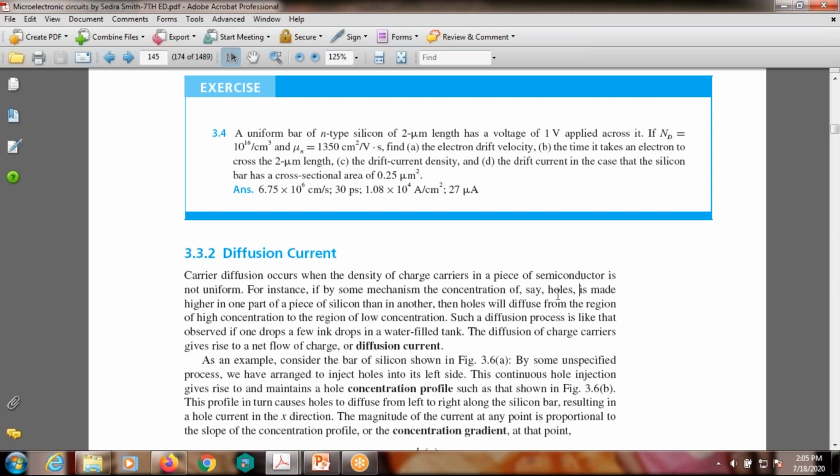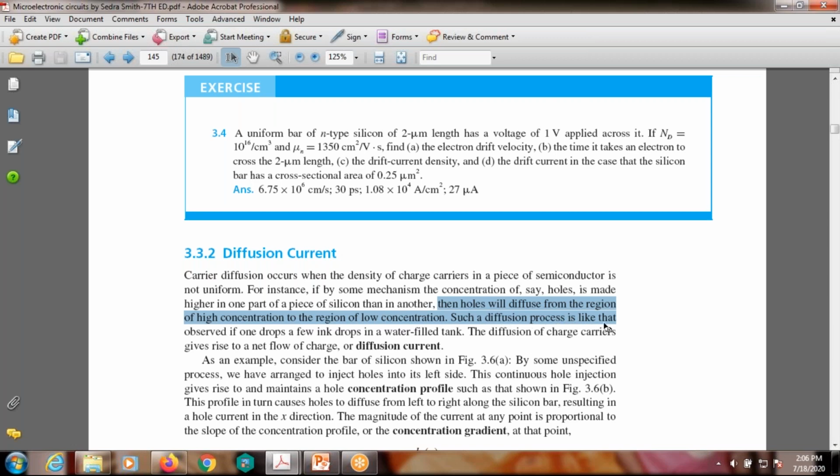Let us assume that the charge carriers are holes. Holes are made higher in one part of the piece of silicon than another part. Then holes will diffuse from the region of high concentration to the region of low concentration.